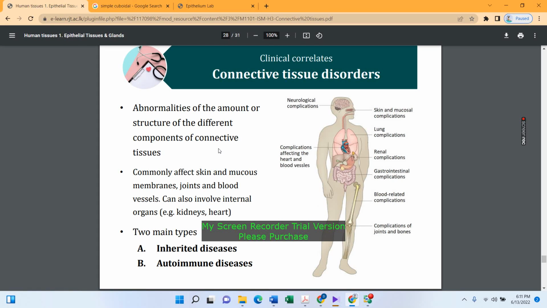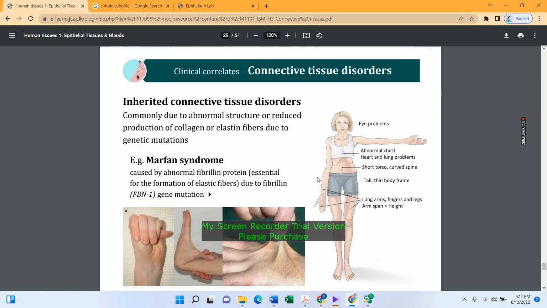There are two main types: inherited disease and autoimmune disease. They can cause neurological, skin and mucosal, lung, renal, gastrointestinal, blood-related, joint and bone complications, and complications affecting the heart and blood vessels, because connective tissues are literally everywhere.